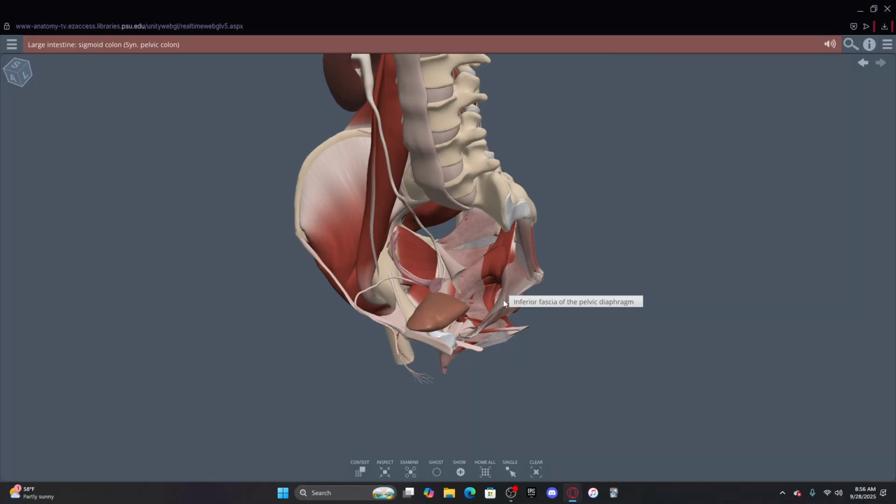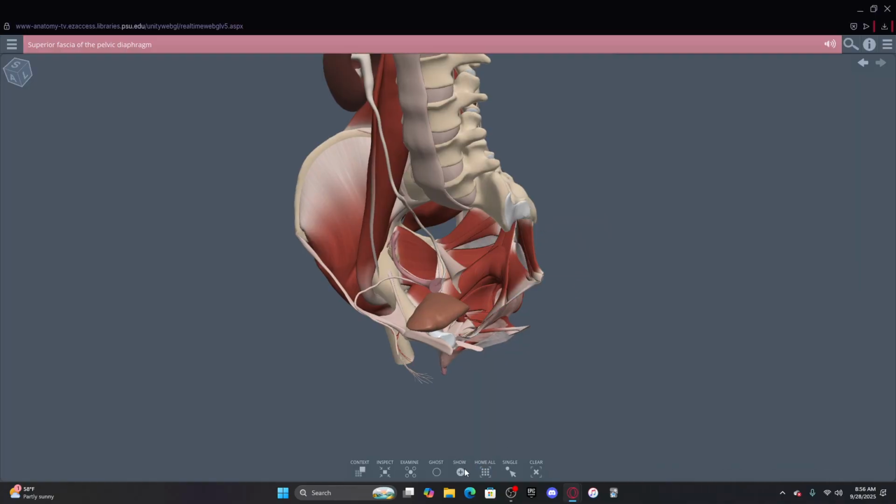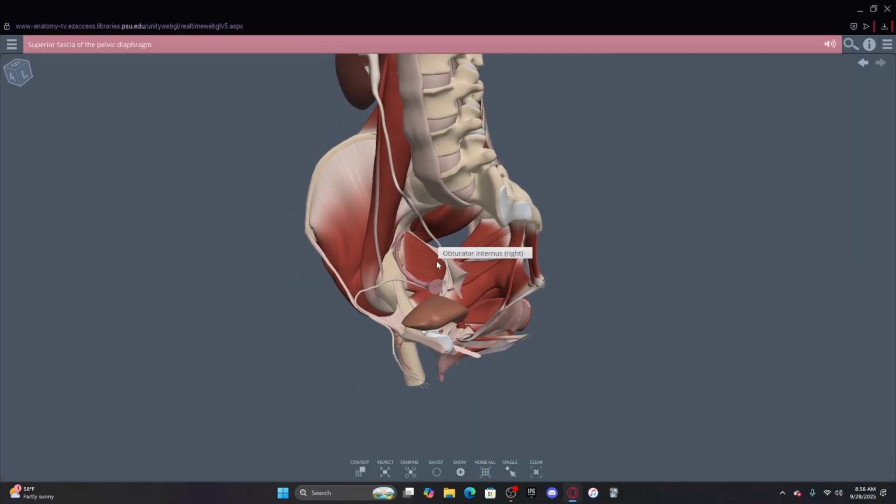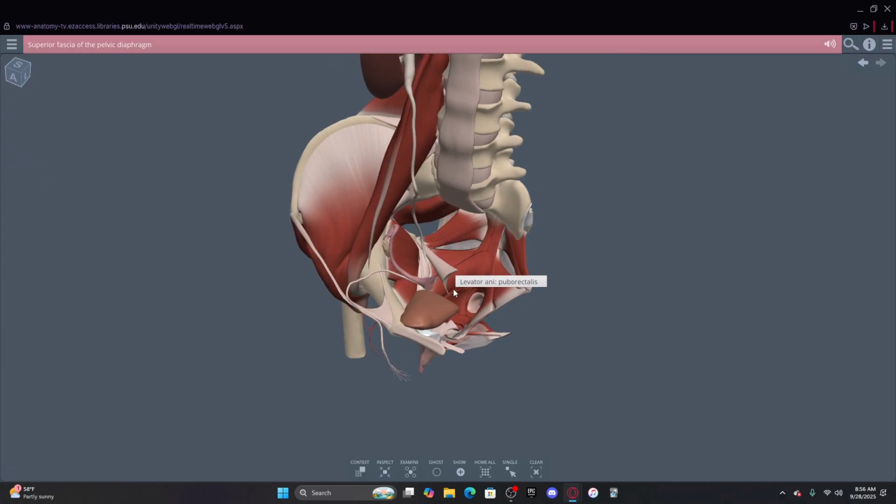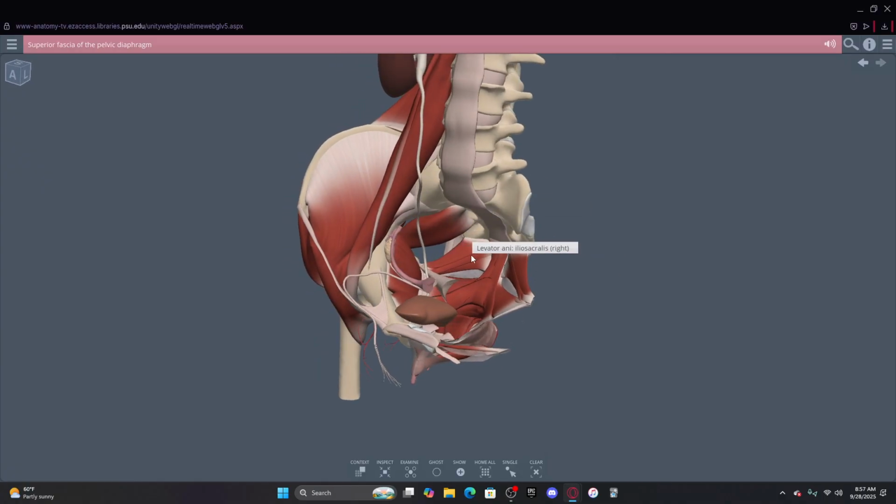Okay, right. We just said that this was our obturator internus, right? So if this is our obturator internus, this has to be our coccygeus, right? Coccygeus, when you see it in the lab, it'll be that muscle with that little white film, that white bright film over it. We can know that's coccygeus.